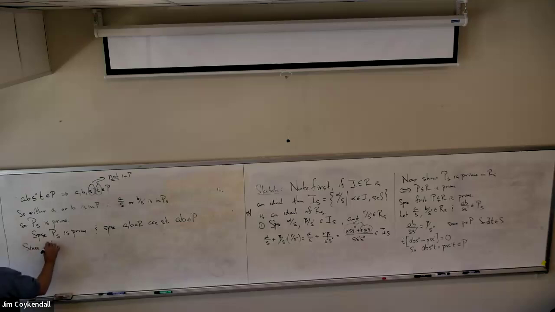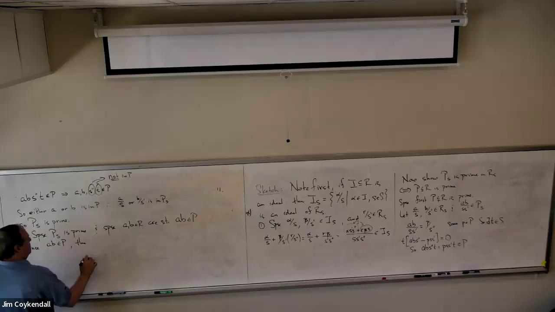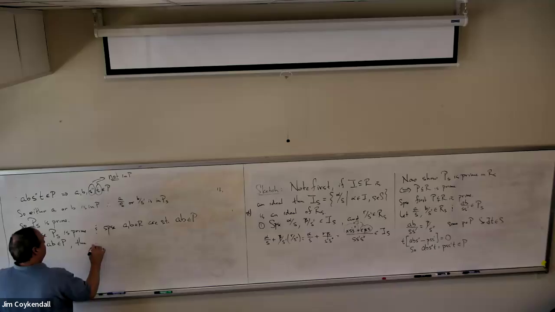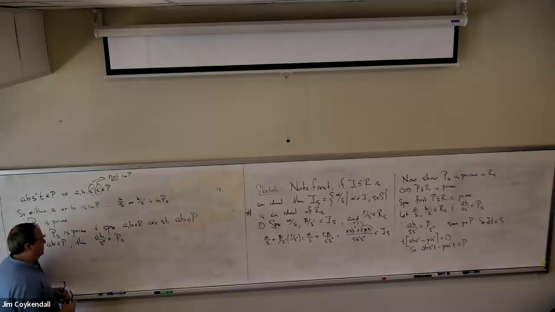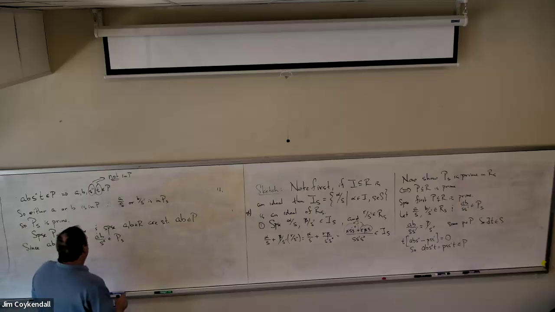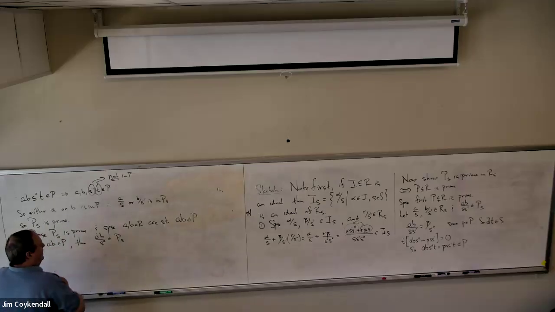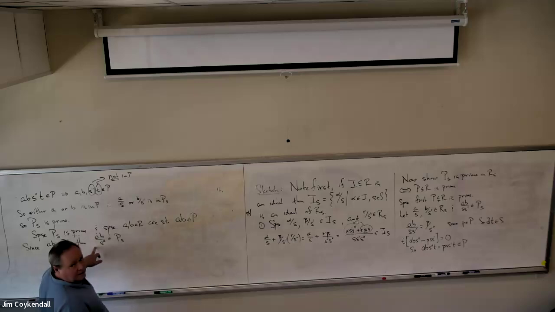Since ab is in P, then ab over 1 is in P localized at S, right? So what does this mean? This means that ab, because ab is actually an element of P, so this quotient here is in P_S, right?